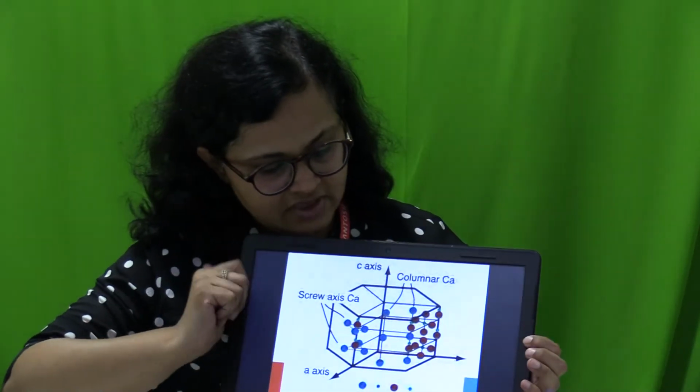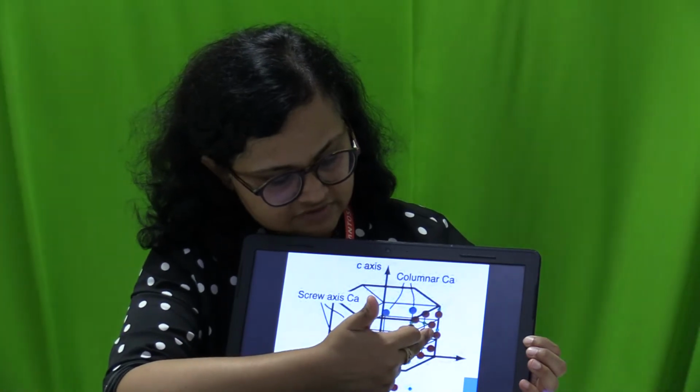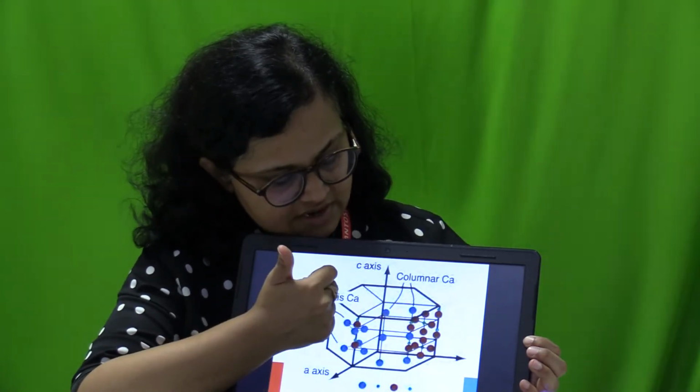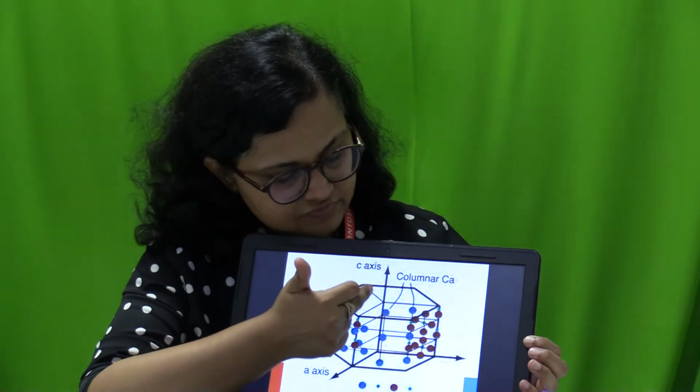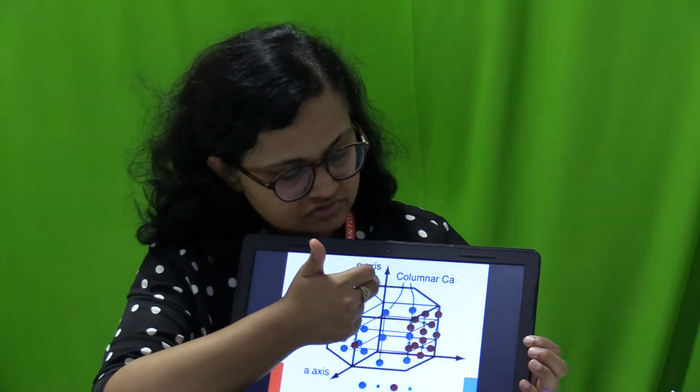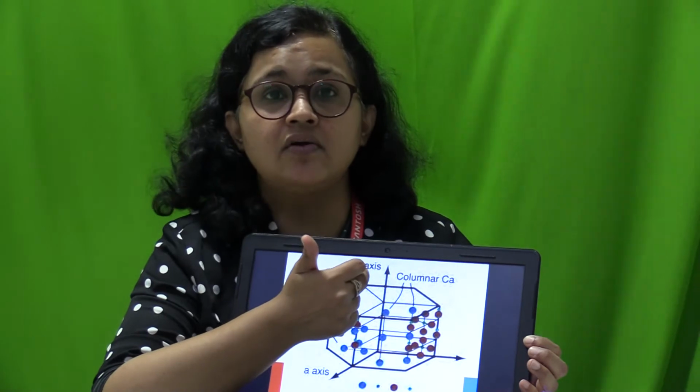For this, first we need to understand the crystalline structure of hydroxyapatite. We know that there are calcium ions, phosphate ions and hydroxyl ions. Now in this crystal lattice structure, there are two axes A and B which are 120 degrees apart, and there is the C axis which is perpendicular to these. Like you can see in this diagram, we have horizontal axes A and B which are 120 degrees apart, and the C axis which is 90 degrees apart. Now on the top of this C axis we have hydroxyl ions.